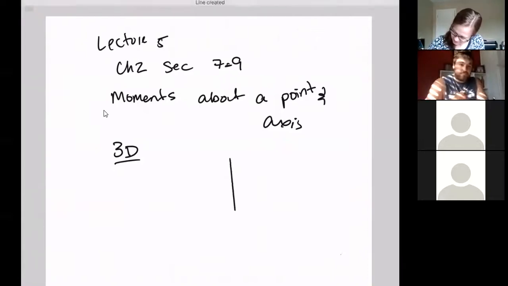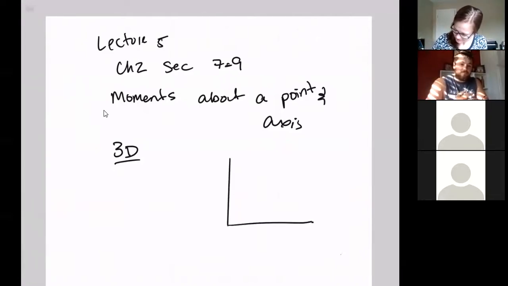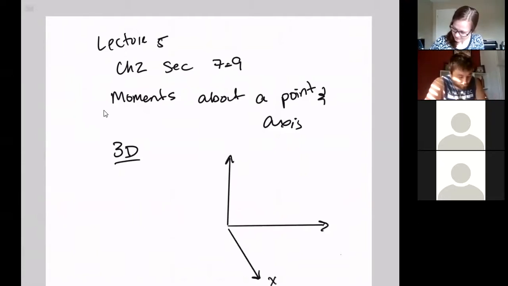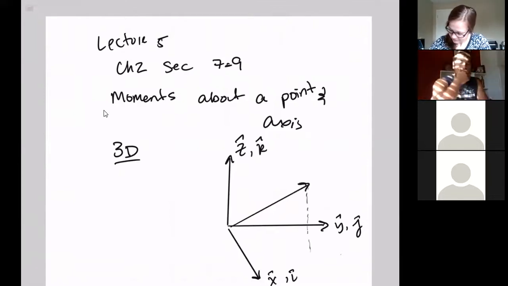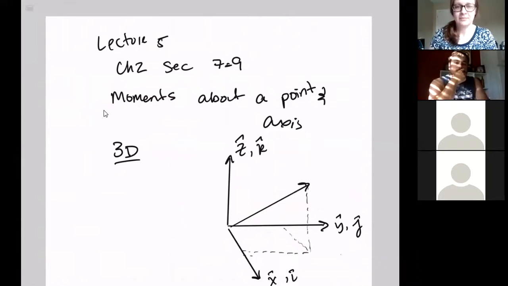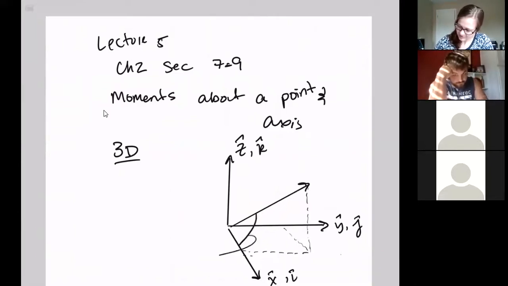So in 3 dimensions, you'll have an x-axis, a y-axis, and a z-axis. That can also be I, J, and K. And if we were to have, say, a force vector that was in these 3 dimensions, we can organize it and define it by angles from the respective axis.